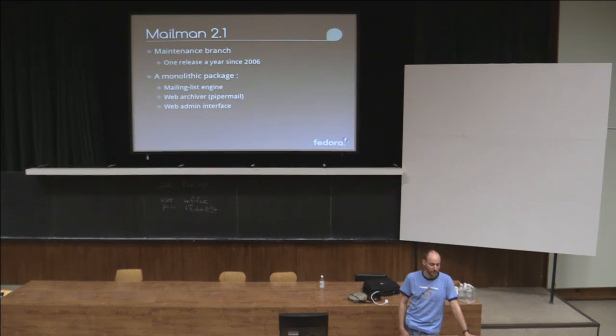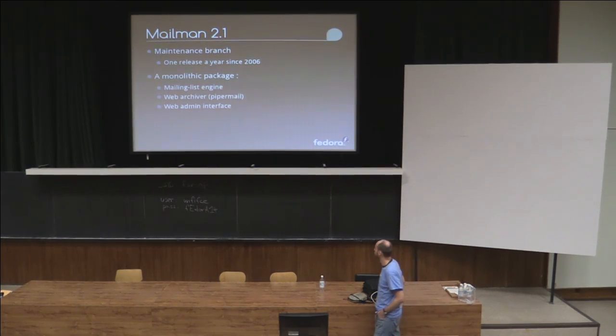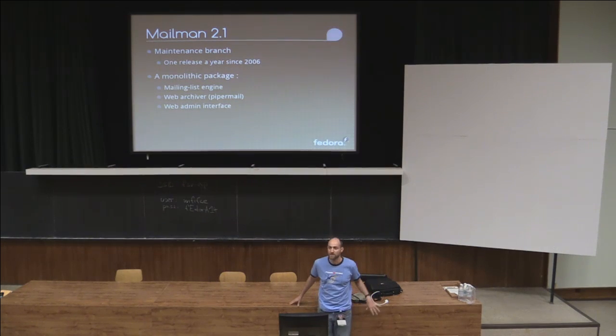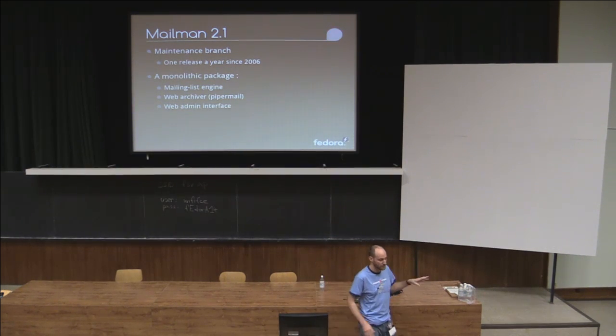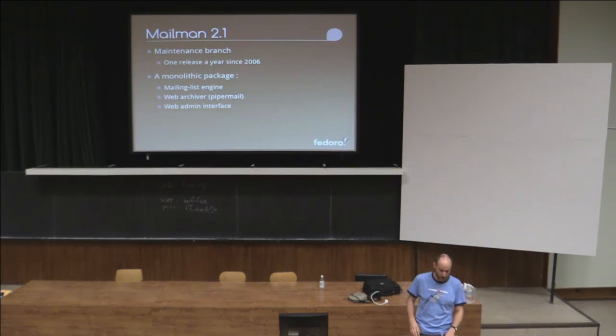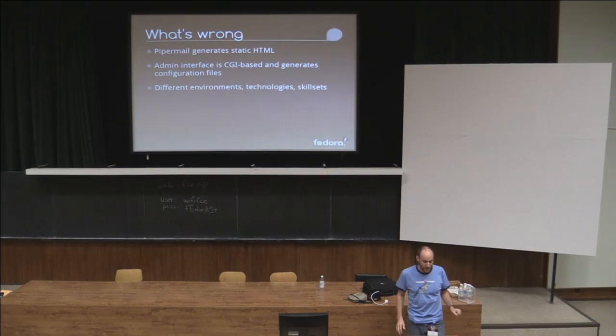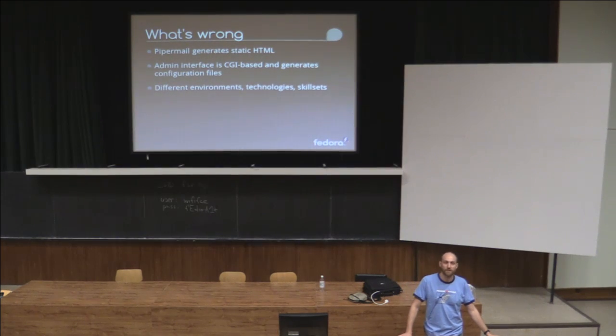It's a very monolithic package from a development point of view. It has a mailing list engine that sends email, it has a web archiver built in, and it has a web admin interface that you can administrate the lists with. And the problem is Hypermail, the web archiver, generates static HTML, which was good enough in the 90s.